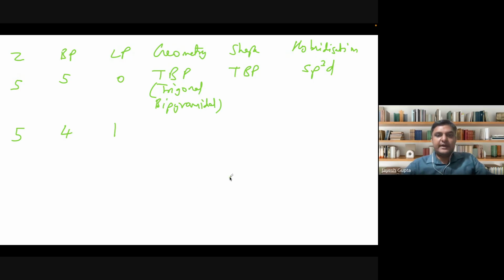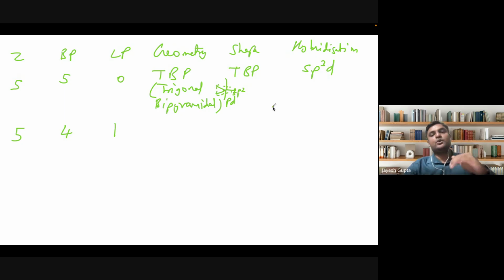So if I draw TBP, there are three bonds equatorial and two bonds axial. So this is equivalent to sp2 because three bonds are 120 degree apart. So I can divide this sp3d into sp2 plus pd. So axial one is pd and this equatorial one is sp2.